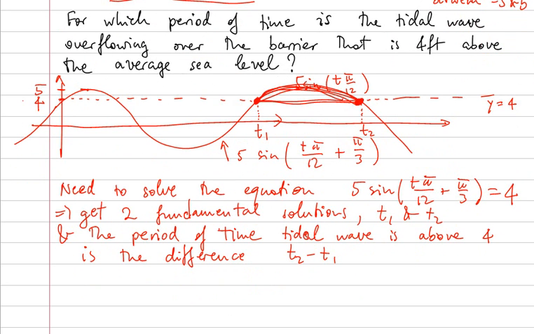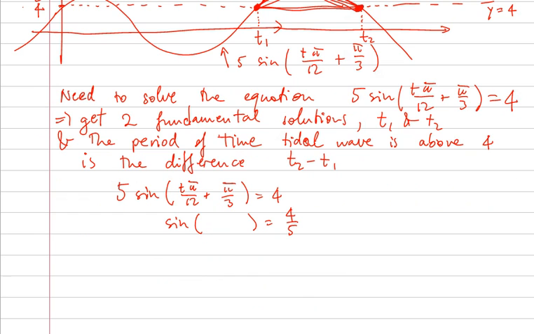So we need to solve this equation. We have 5 sine t pi over 12 plus pi over 3 equals 4. So sine of this thing equals 4 over 5.